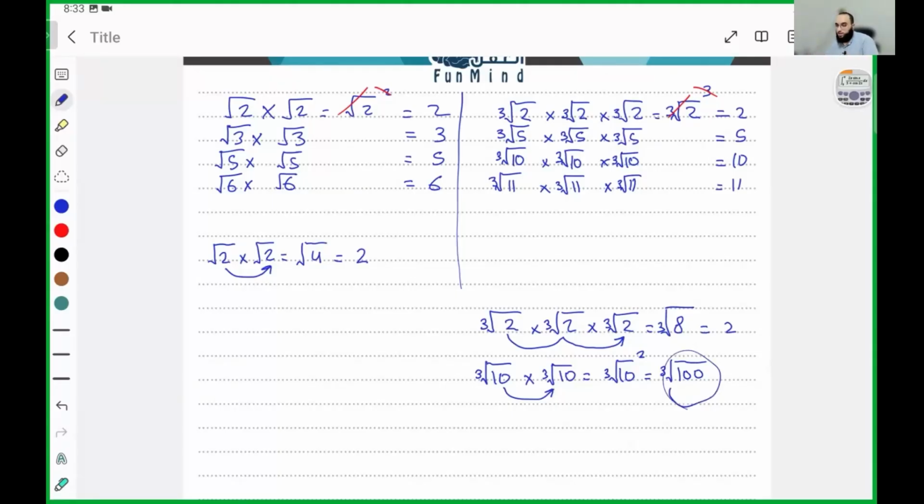In this lesson, we are only focusing on the operations, but in the next lesson, we'll study how to simplify big roots. If you have a root like cubic root 24 or square root 50, how to simplify them into smaller roots. In the next lesson, we'll study them.